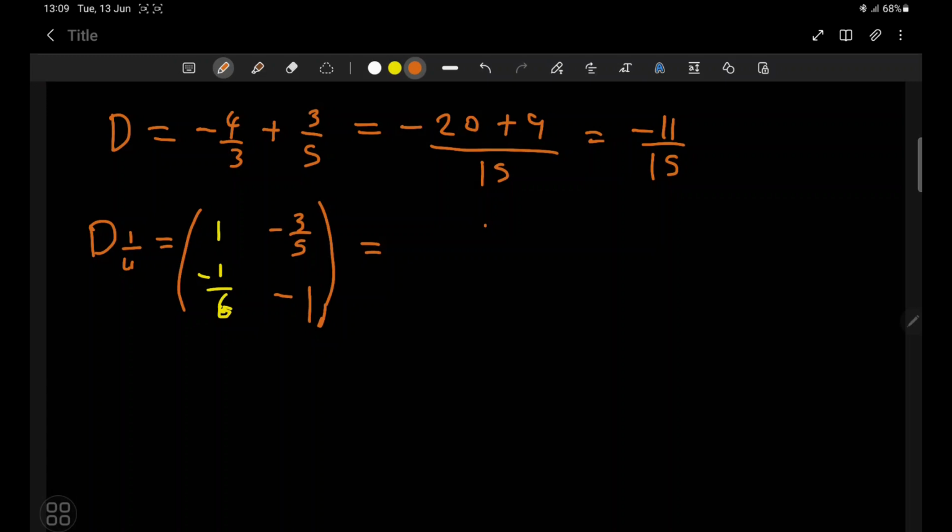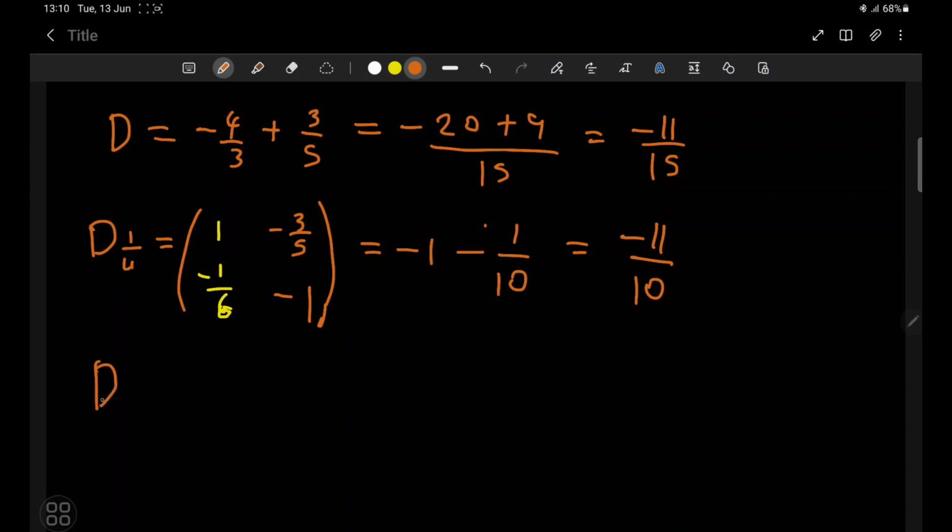So let's multiply 1 by negative 1 will give us a negative 1, then minus negative 3 over 5 by negative 1 over 6. So if we divide 3 by 3, that's 1, 3 into 6, that's 2, so 10, so we'll have a 1 over 10. And solving this, that's 10 over 10, so that's just negative 11 over 10.